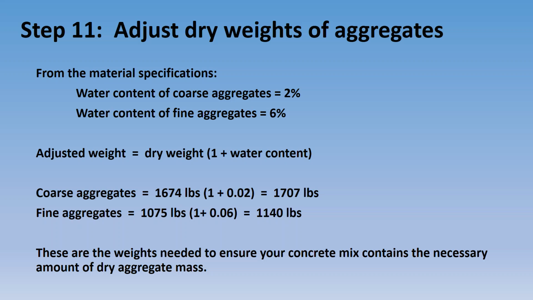From the material specifications, remember the water content of our coarse was currently 2%, and the water content of our fines was currently 6%. So because they're a little wet, when we weigh out the required masses, those required pounds to add into our cubic yard, some of that weight is going to be water.